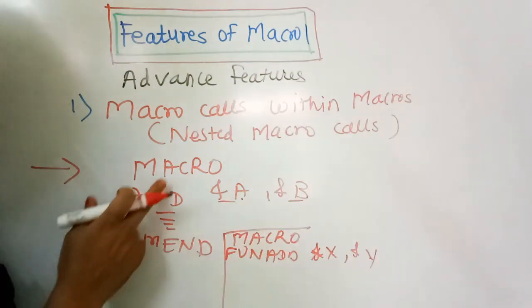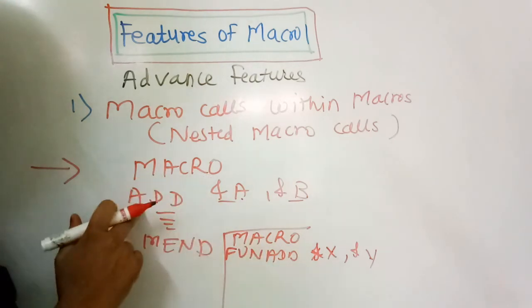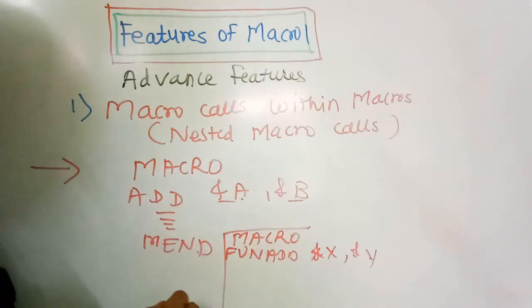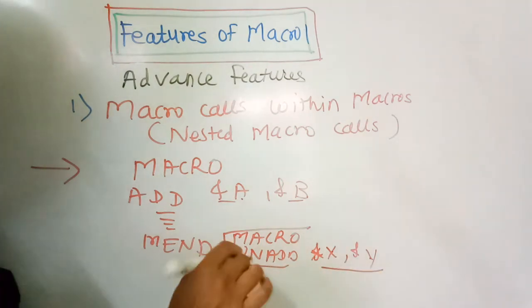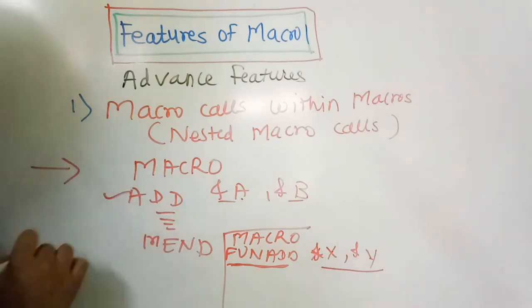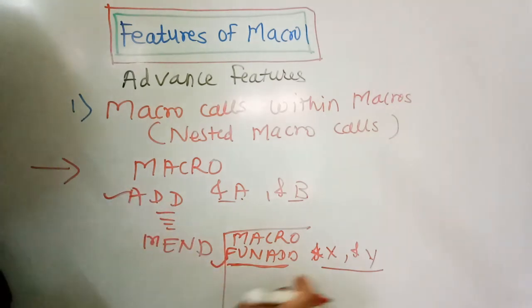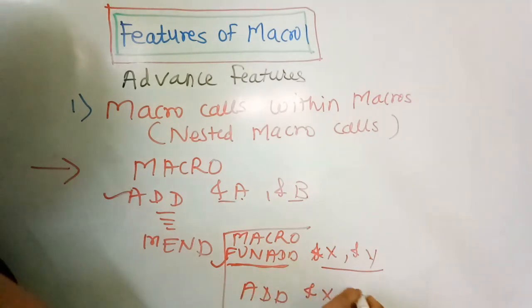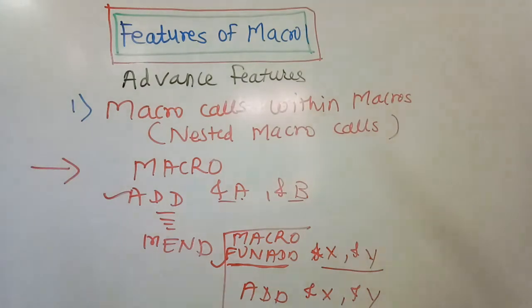So this same function is called, but it is defined previously, and again you have to assume that this is a different function having its own parameters, but in this function it is calling ADD ampersand X ampersand Y. So what does it mean?